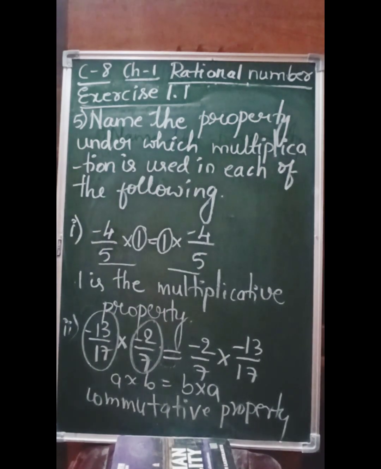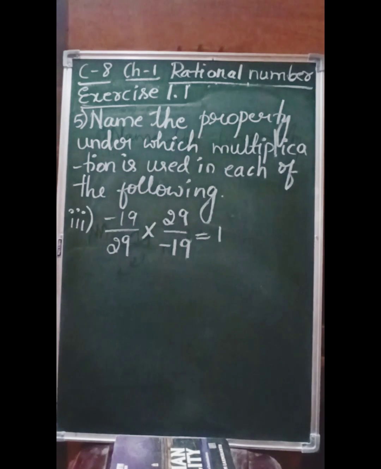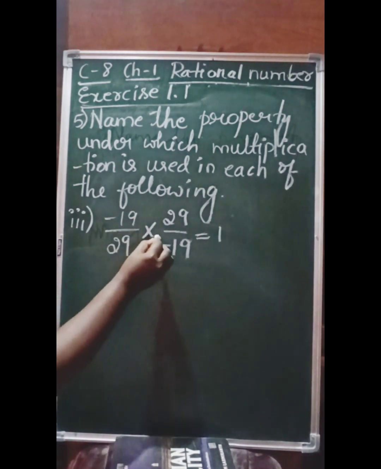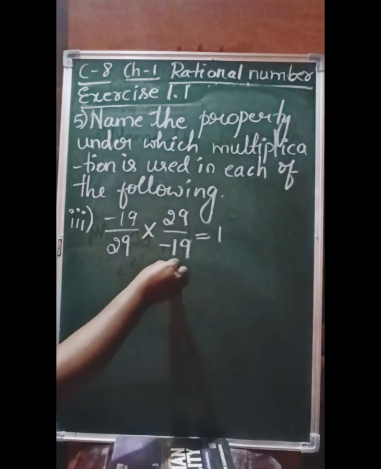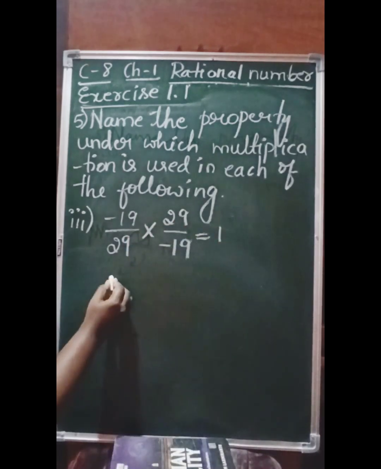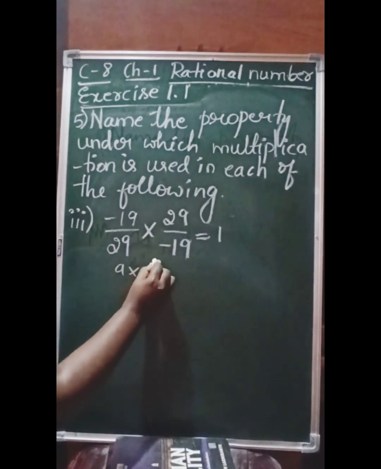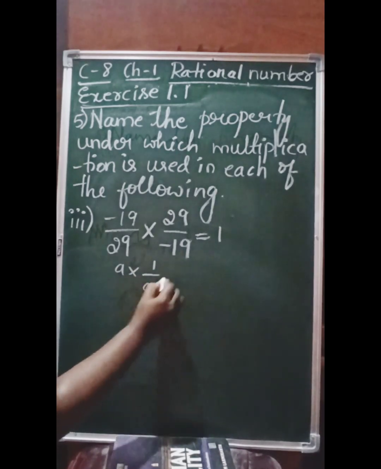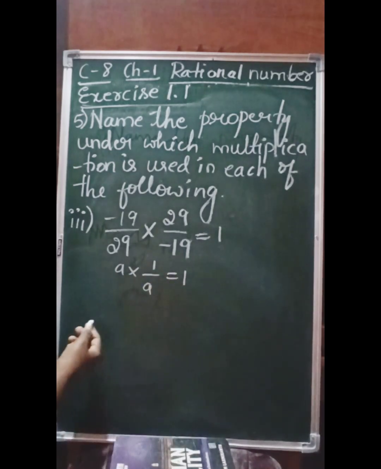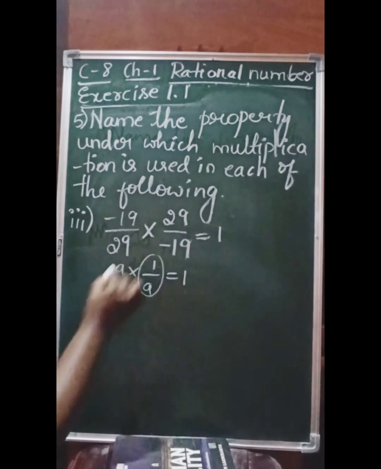Come to the third one. The third problem is minus 19 by 29 into 29 by minus 19 equals 1. So this is what, A into 1 by A equals 1, right? So it is what? It is the multiplicative inverse.